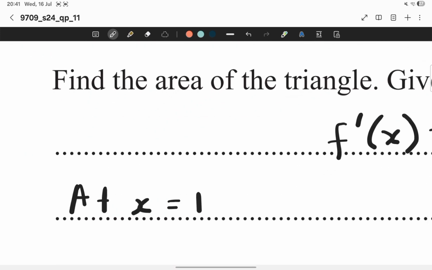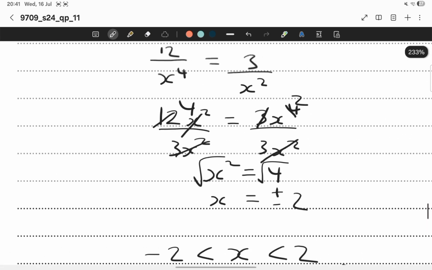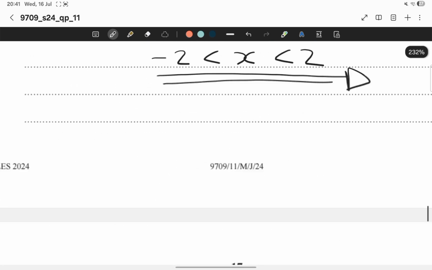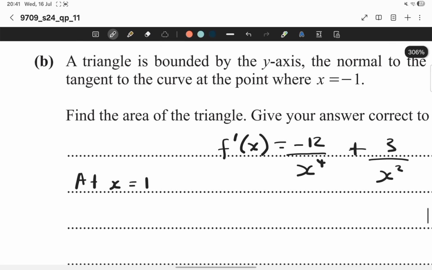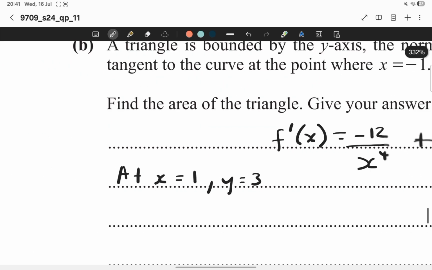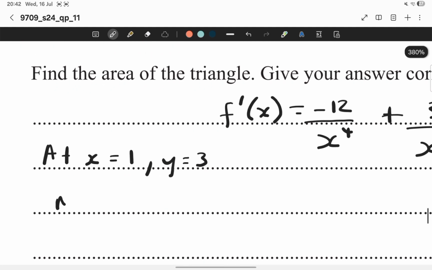At x equals 1, if we substitute x equals 1 into f of x, it will be 4 minus 3, which is 1, plus 2. So we get y to be 3. And the gradient, substituting in 1, will be minus 12 over 1, which is minus 12, plus 3 over 1. So we get our gradient to be minus 9.